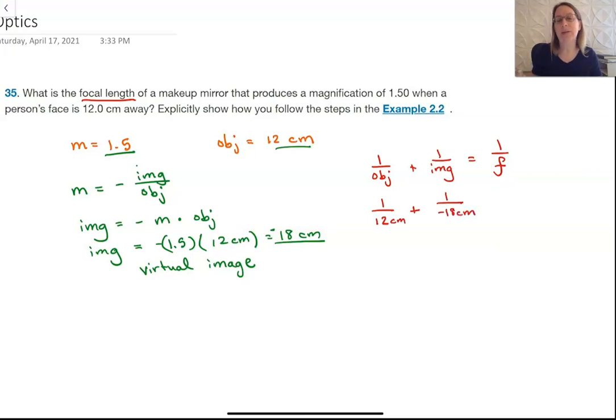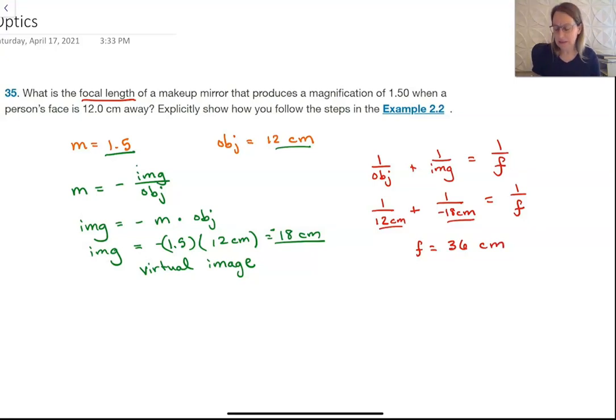You can't get rid of that sign just because it feels inconvenient, otherwise you'll get the wrong focal length. So when I plug this in, you want to make sure that you invert both of these numbers, and when you get finished, you invert again. You get, for your focal length, a positive 36 centimeters.